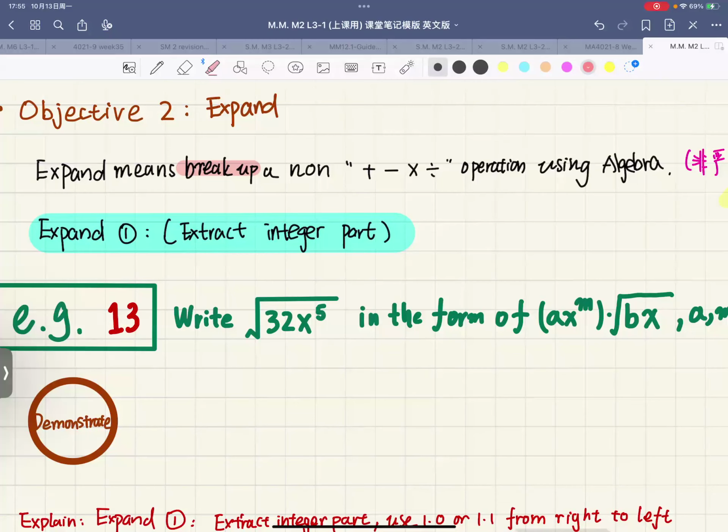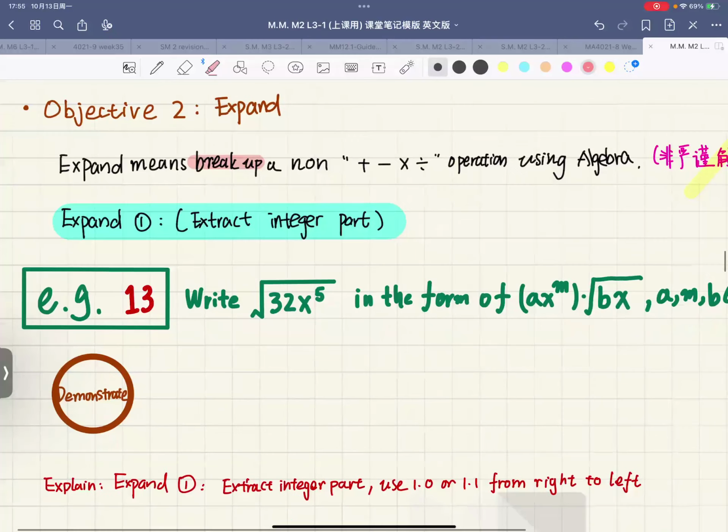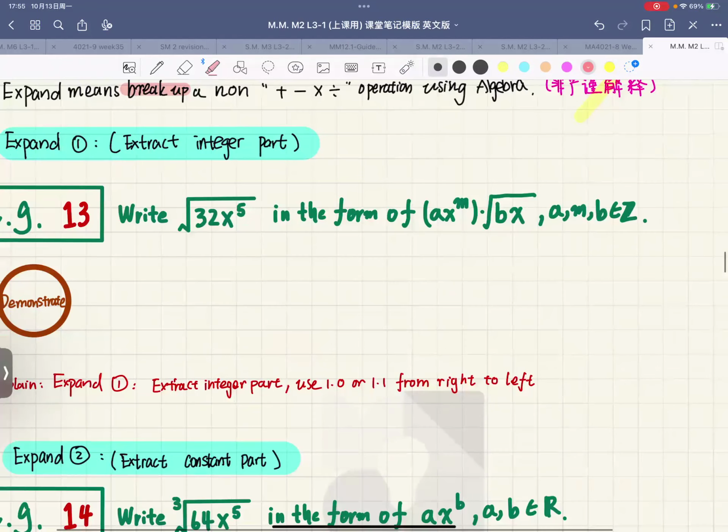Let's have a look at this one: write square root of 32x to the power of 5 in the form of a x to the power of m bracket times square root of bx, with a and b integers.